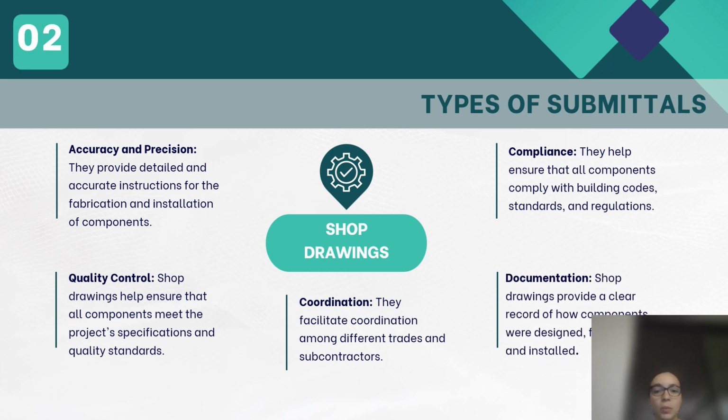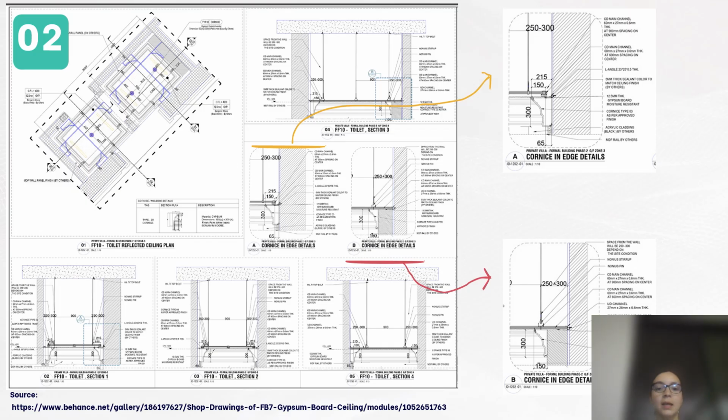And the documentation, shop drawings serve as a clear record of how components were designed, fabricated, and installed, aiding in project tracking and future reference. This is an example that I found on the web. Is the shop drawing of the installation of a ceiling with gypsum board in a washroom.